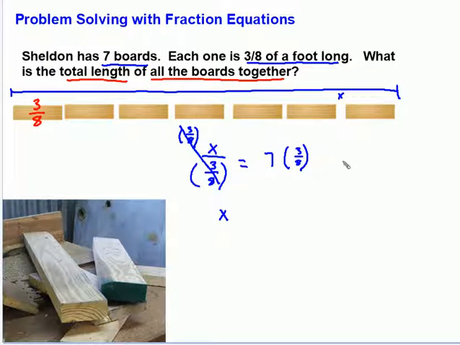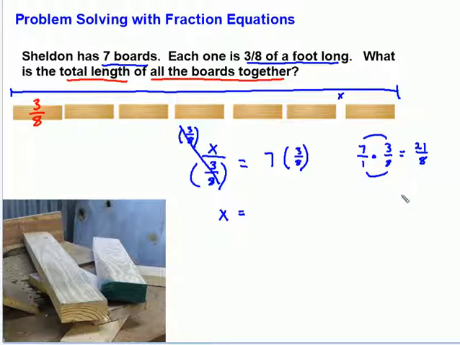So we're going to multiply 3/8 by 7. To do that, we need to remember that 7 is 7 over 1. 7 over 1 times 3/8 is going to be top times the top and the bottom times the bottom, 21 over 8. That is going to leave us with a mixed number.